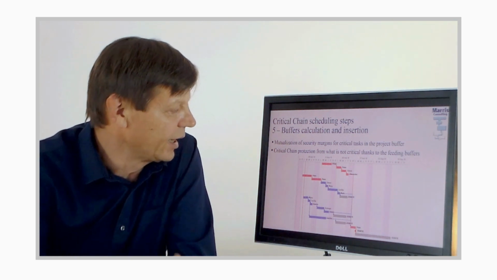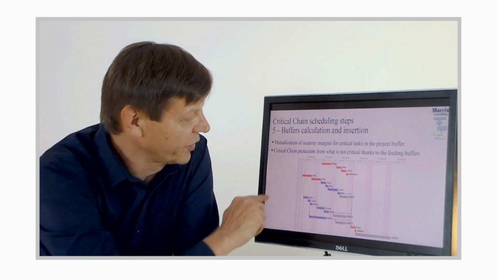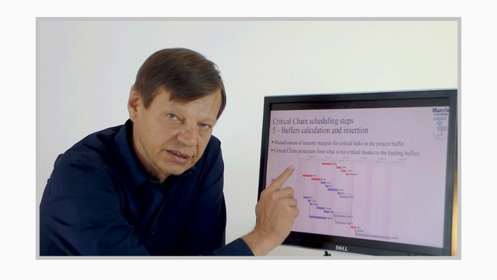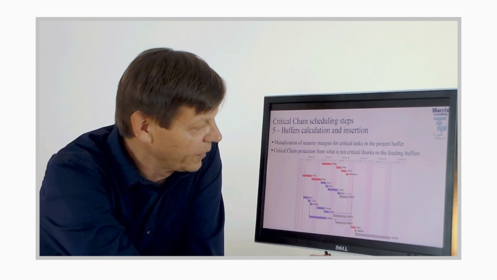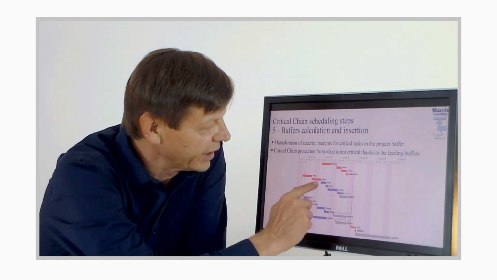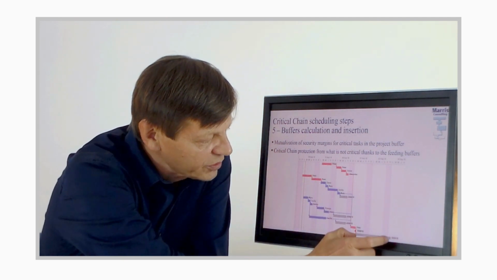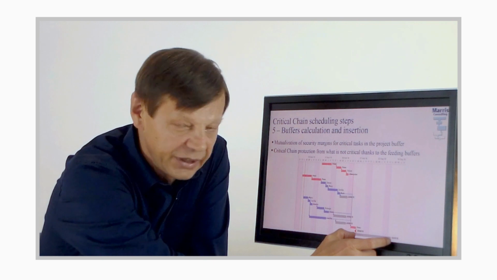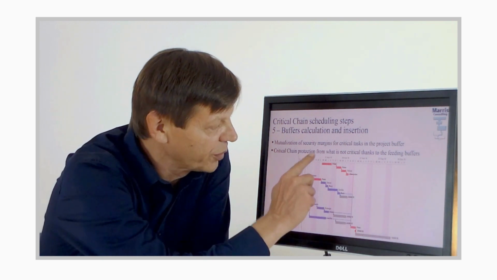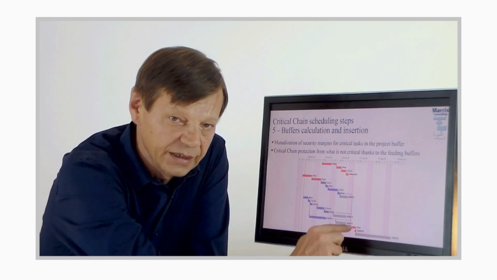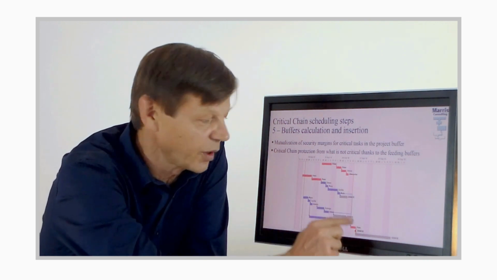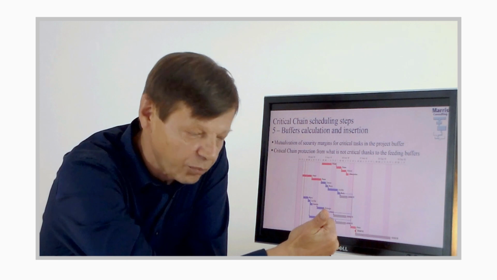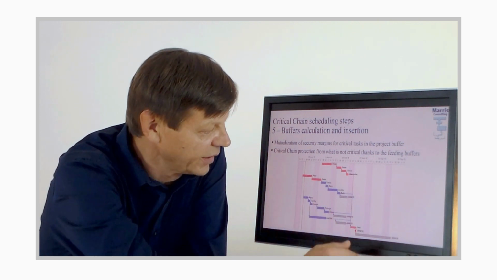And earlier on, we've calculated the level of variability of each of these different tasks. So what we do now is we calculate what overall protection would be needed down here to absorb the probable variability in the individual tasks of the critical chain. That's why we were asking for probable times and pessimistic times.